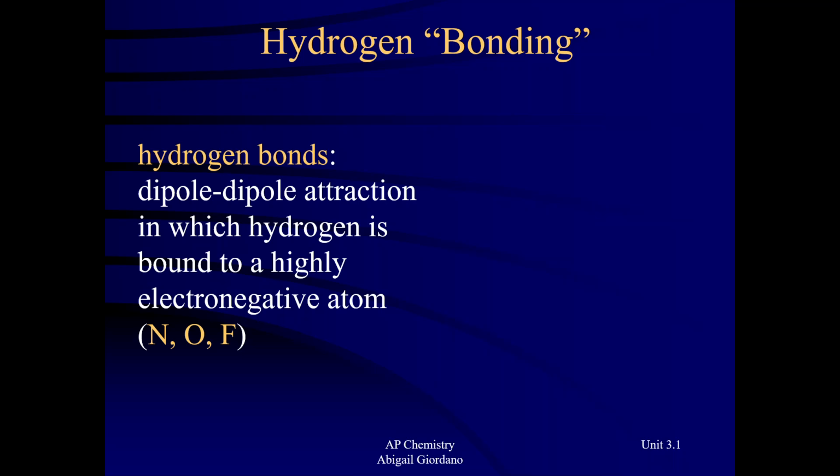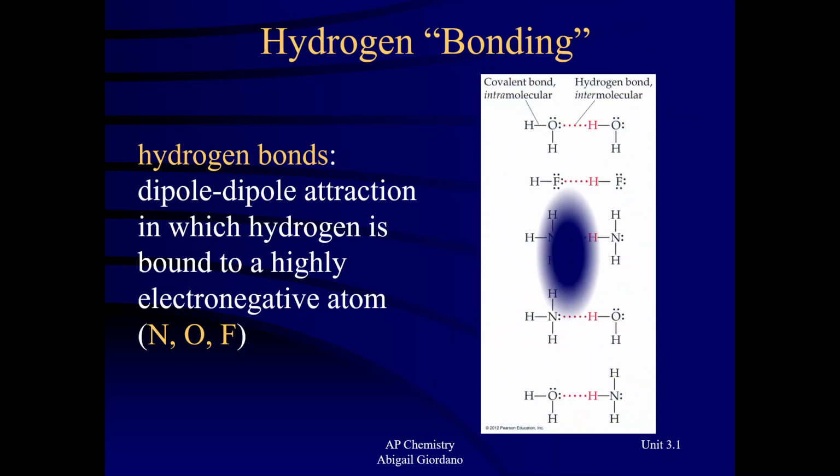But hydrogen bonding, our third and final type of intermolecular force, the strongest of the three, comes from when you have not just a covalent compound, not just a polar covalent compound, but it's more specific.